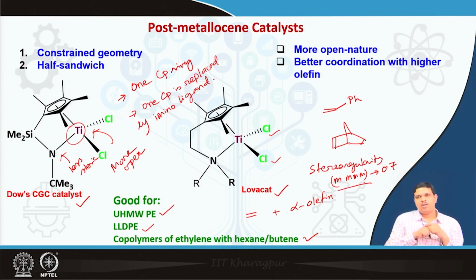So that we have to sacrifice, and with the same conditions, if you take any achiral metallocene catalyst, the stereoregularity will be much higher. In that case, the mmmm fraction will be more than 0.9 or something like that. So that is one disadvantage, but reactivity-wise, this is much higher than the normal metallocene compounds.